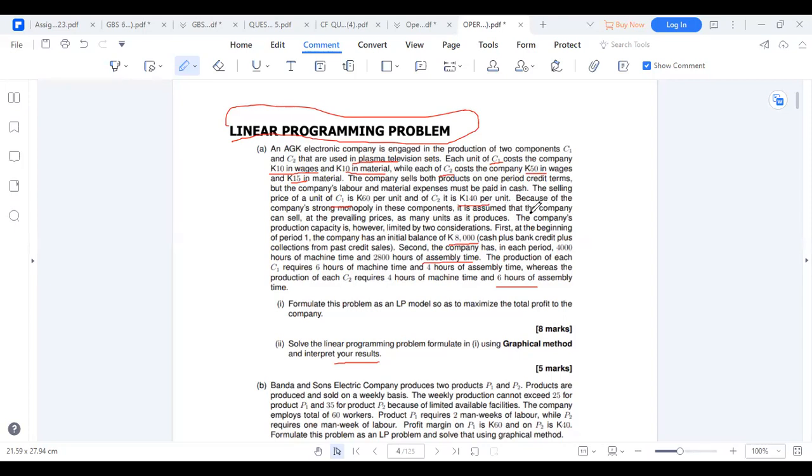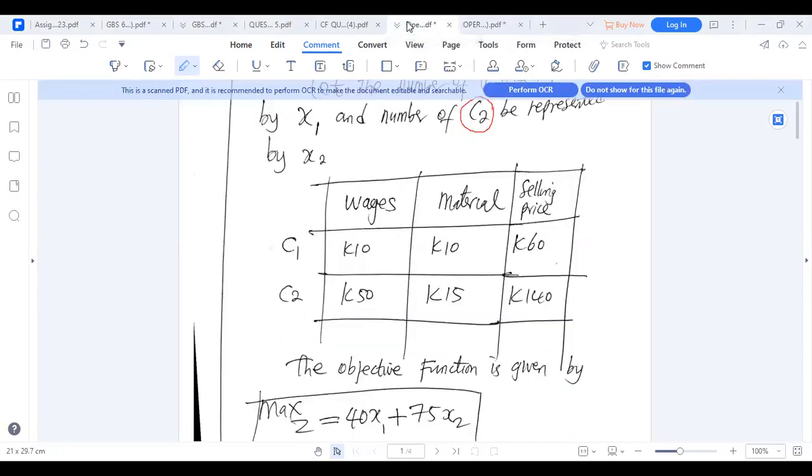So because of the company's strong monopoly in these components, it is assumed. So from here, we're able to get the information, the material cost, and of course, the wages cost. So what is going to happen here is that we can say wages.